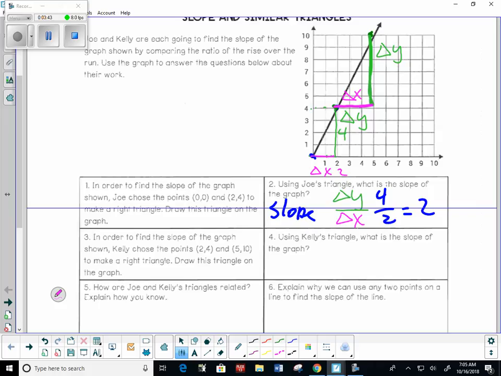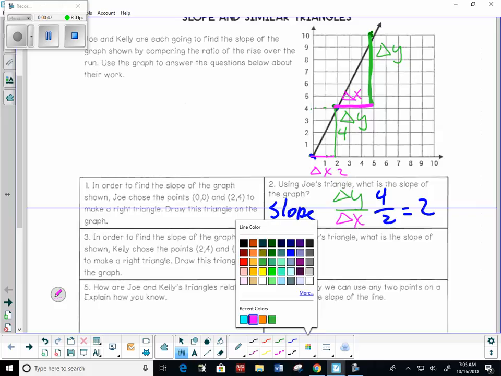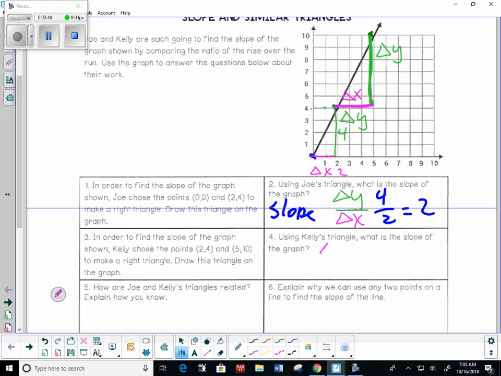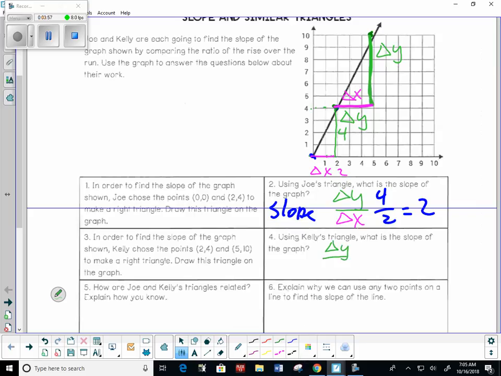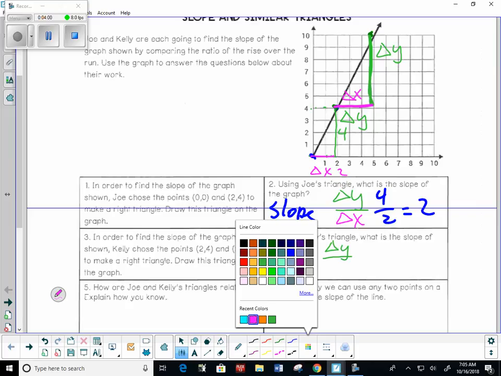So our change in y for Kelly over our change in x.